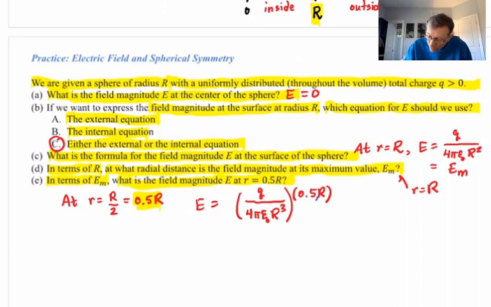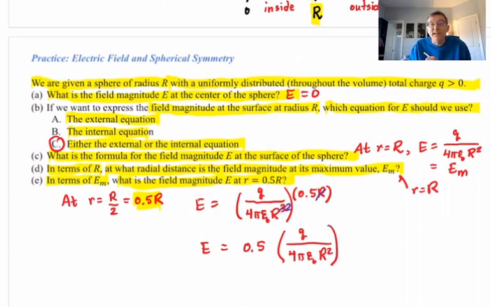So actually you get one factor of R canceling, and you get E equals 0.5 times Q over 4 pi epsilon 0 big R squared, but that quantity in the parentheses is what we called E maximum. So the answer is that the field is half of E maximum, when the radius is half the maximum.